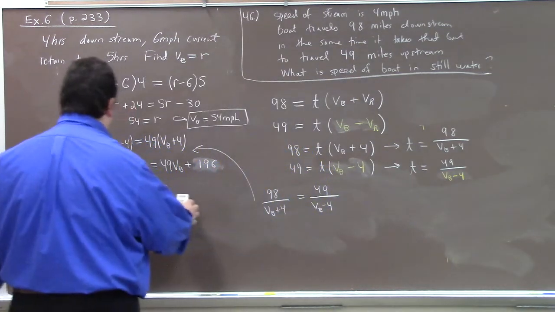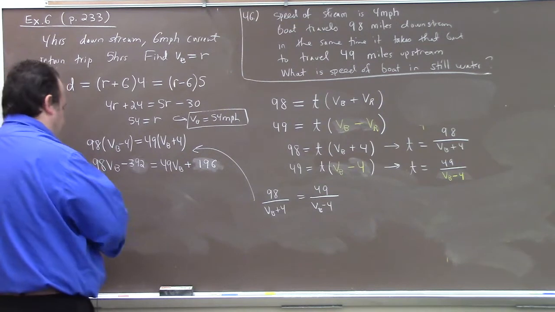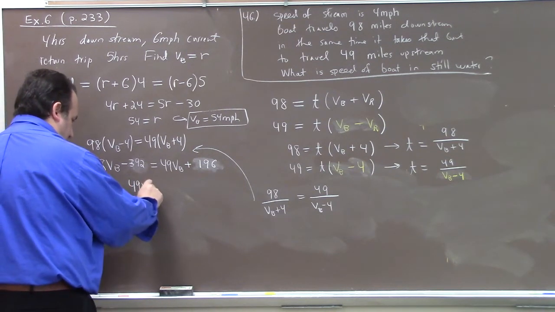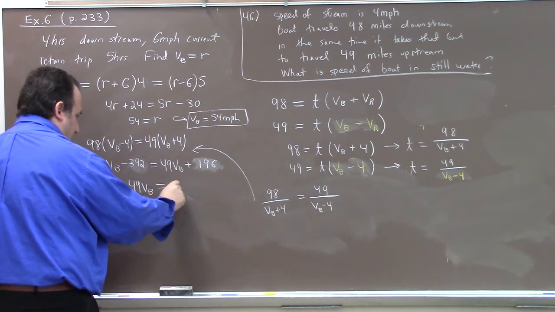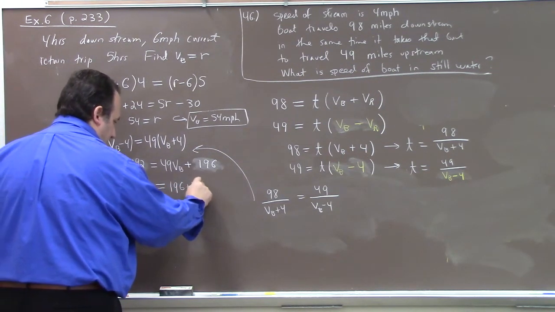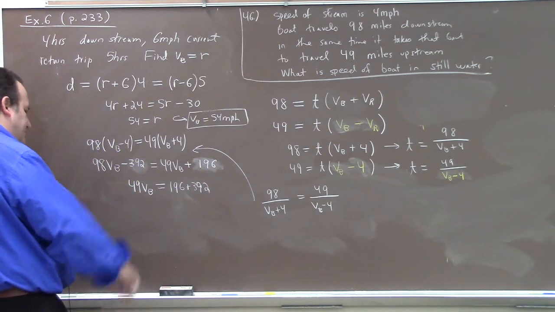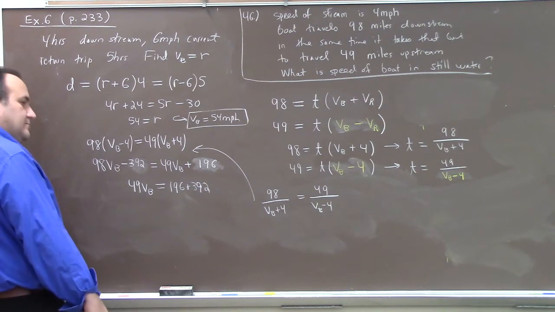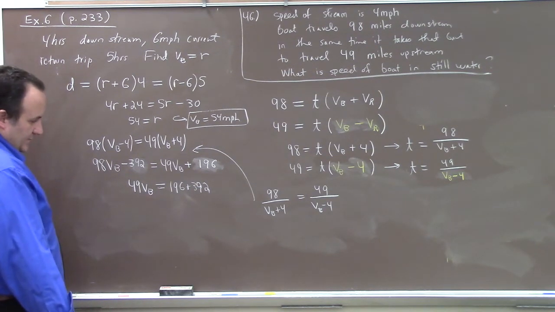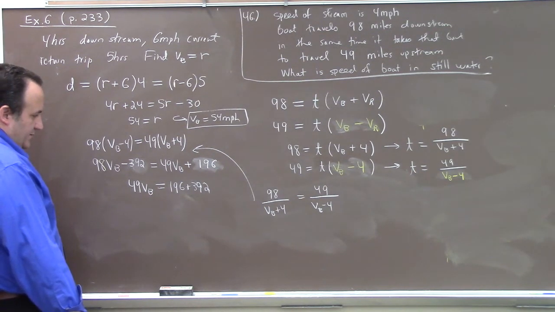Let's see here. So 98 minus 49 is what? 49 VB, right? Equals 196 plus 392, which is what? 400, 500.